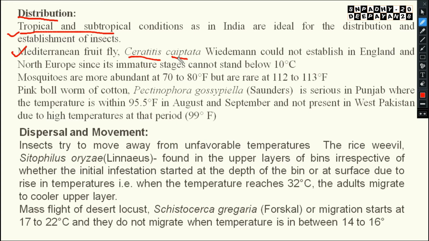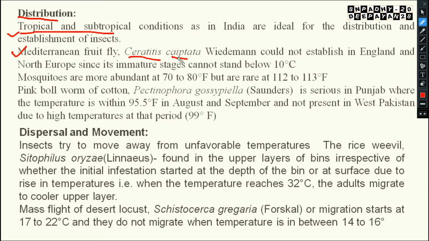Okay, so these maggots have some temperature preference. Okay, they prefer somewhat more temperature, like more than 10 degrees centigrade. That's why this fruit fly cannot establish in the regions like England, North Europe, those areas where temperature is less than 10 degrees centigrade.